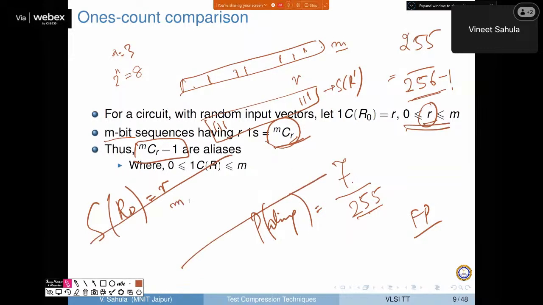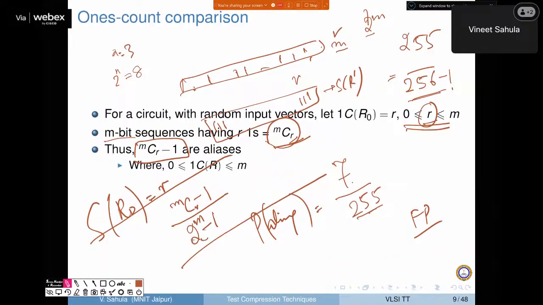So these aliases actually are wrong. And how many total wrong circuits are there? Out of m-bit patterns, only one pattern is correct. So total patterns would be 2 to the power m, out of which only one is correct. Rest of them are faulty: 2 to the power m minus 1.